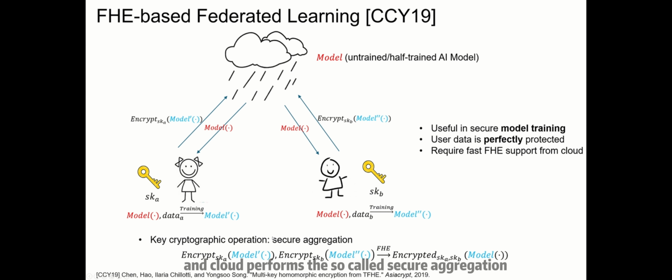And the cloud performs the so-called secure aggregation algorithm to aggregate the two separate individual models into a joint model under both keys SKA and SKB. Finally, the cloud performs a distributed decryption algorithm and extracts the model from this encrypted form.